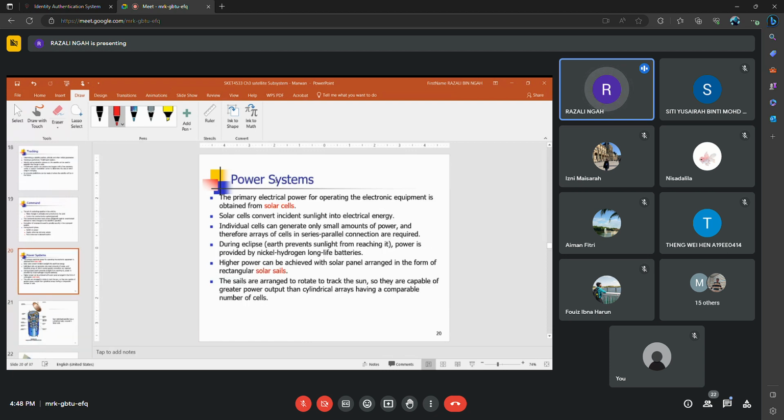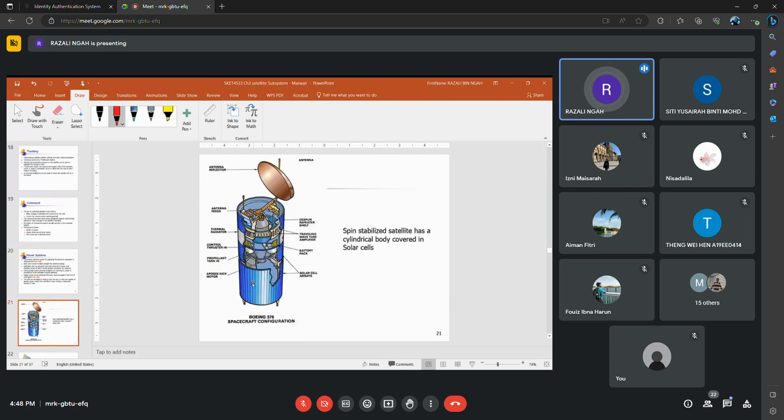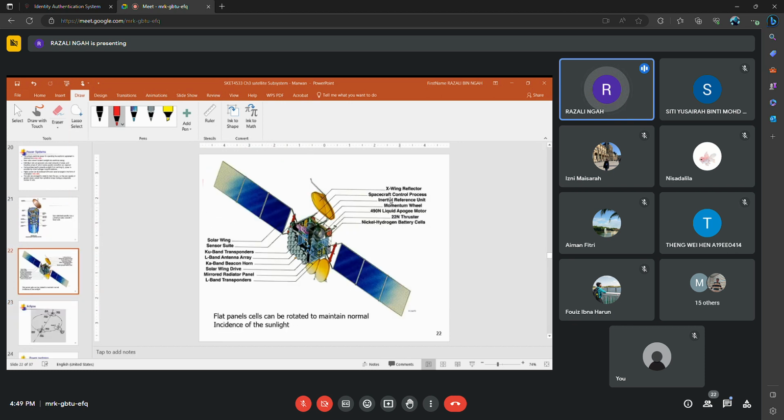So the power system. The main one, as you see from the satellite picture, for this spinner satellite, the body of the satellite is covered by solar panels. And for this one, they have a flat solar sail.